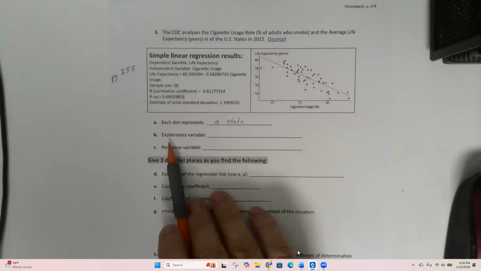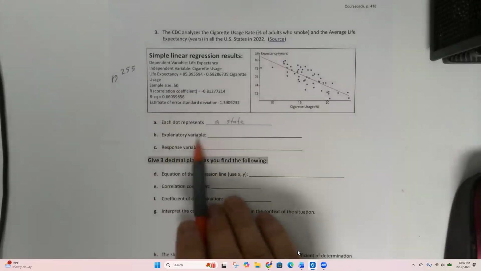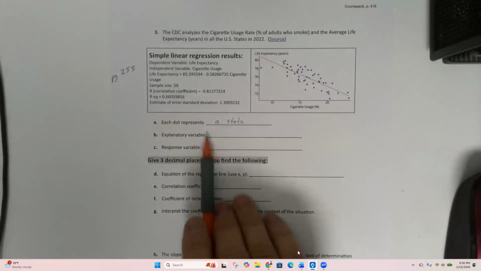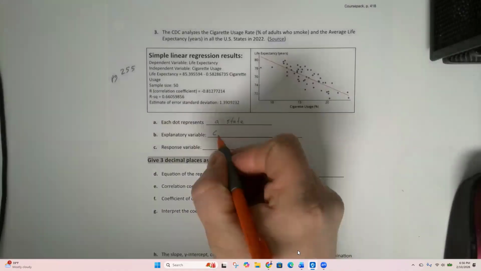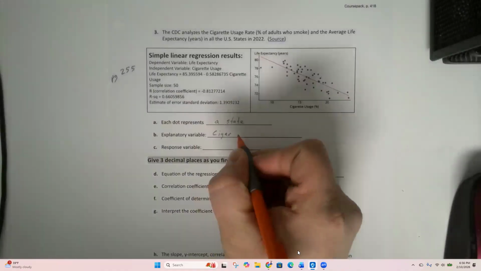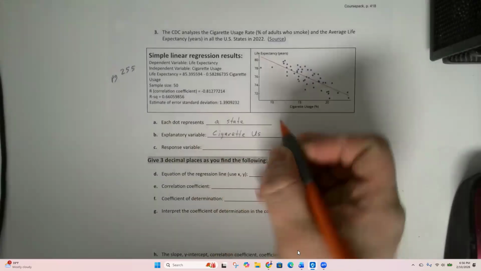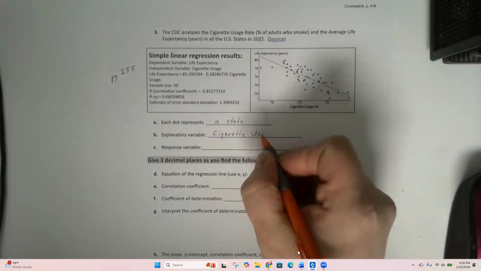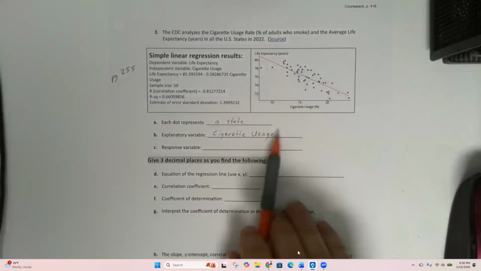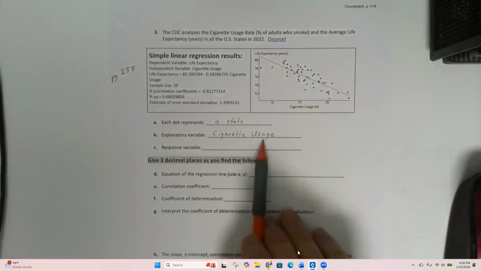Explanatory variable, that is the x or the independent variable. So in this case, the x-axis is cigarette usage. When you are looking for your explanatory variable, your x-axis, it is either going to be time, if it's a time series, or it's going to be the thing that you have more control of.